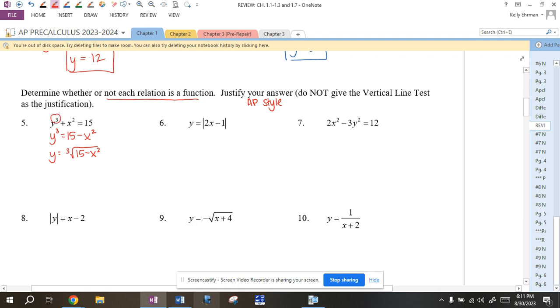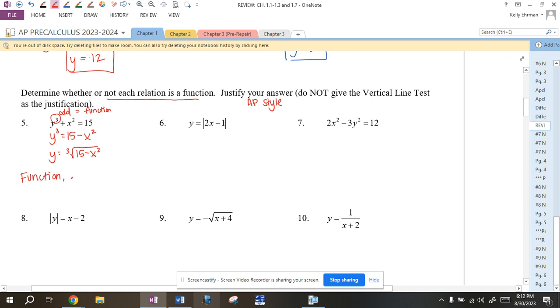And the other rule we had was that if y is raised to an odd power, that means this thing is a function, assuming we have nothing else going on, like an absolute value, which we'll talk about in a minute. So this is a function. And if I have to justify, your justification is kind of a script. We're going to say one of 2 things.